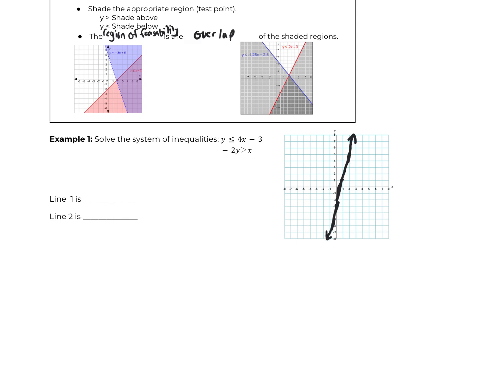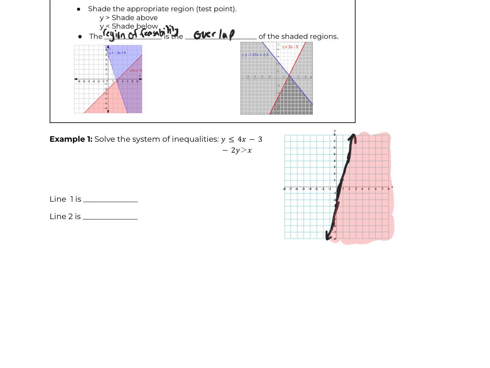And since it's less than, I'm going to shade down. So I'm going to shade the region below that. So everything below this line gets shaded.